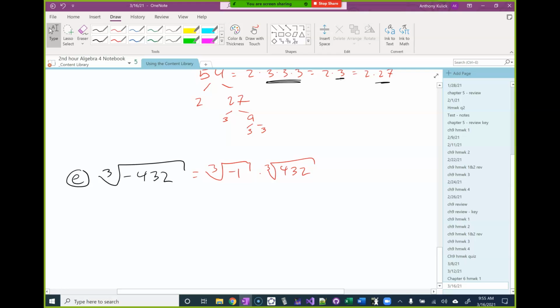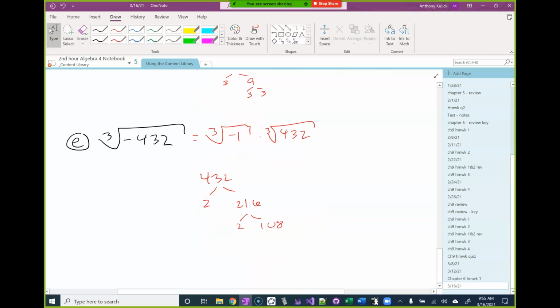Why do I want to use 54 there? I already know the answer to that part. So I'm going to save myself some steps and recycle my work from the previous problem. Everybody okay with that? And you'll find that in doing these, you'll often be able to shortcut through and steal work from previous problems. And I encourage you to do that.